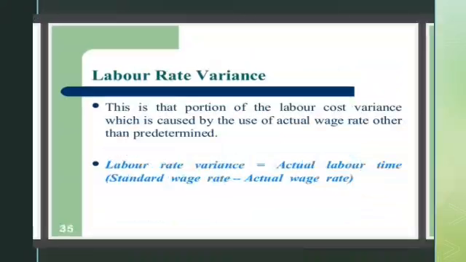Direct wages cost variance is broken into two components, namely direct wage rate variance and direct wage efficiency variance. Direct labor rate variance is that portion of the direct wages cost variance which is due to the difference between the standard rate of pay specified and the actual rate paid.